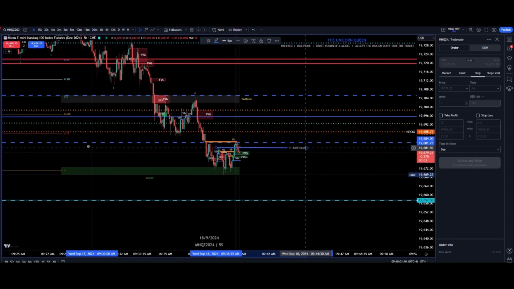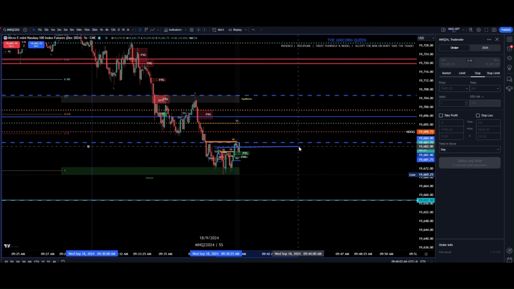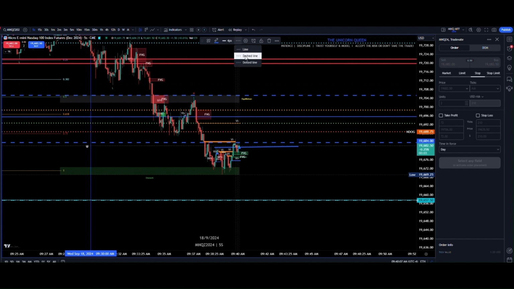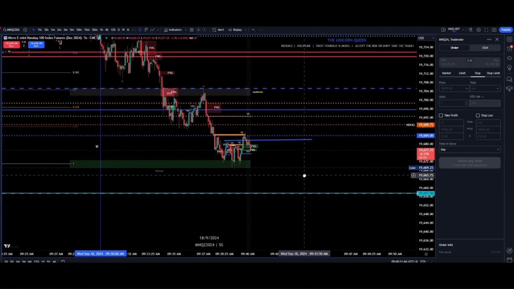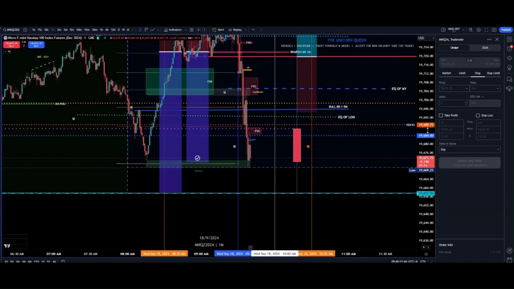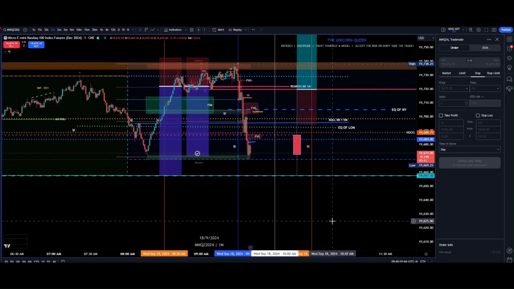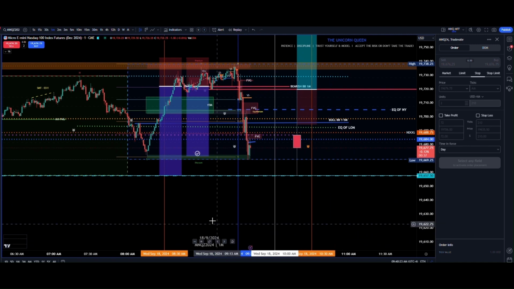Price closed over it. It's now tapping back into that fair value gap. That is your unicorn, and it is pushing up. Once we get a close above that very strongly, I knew that I was okay with letting that trade go. And at that point I was out of the trade and I didn't even worry about it anymore.